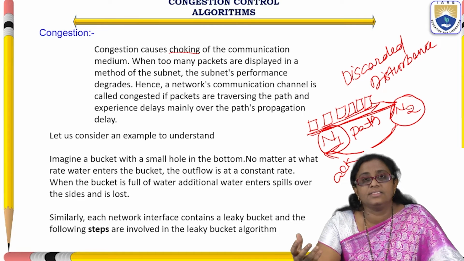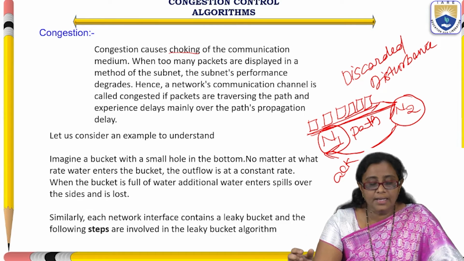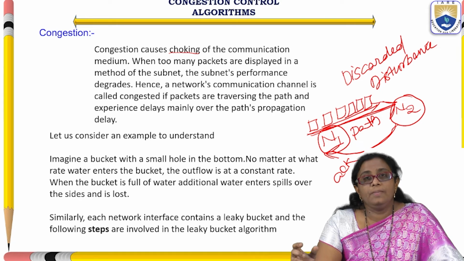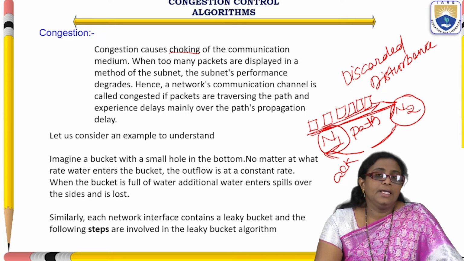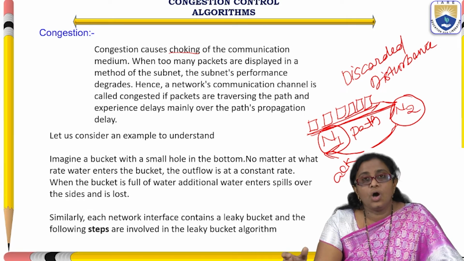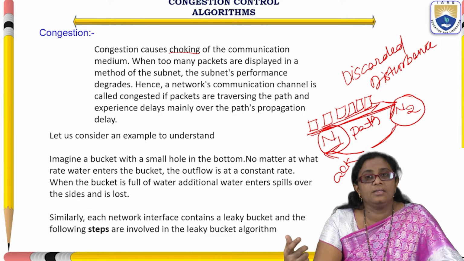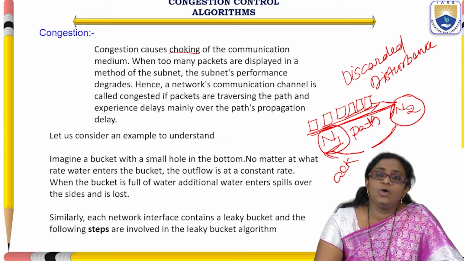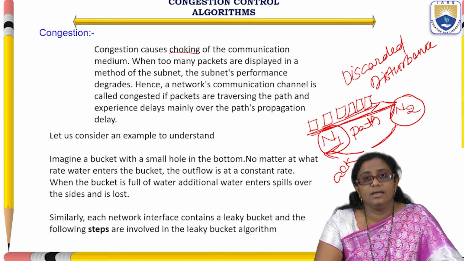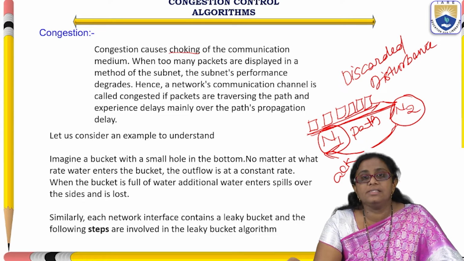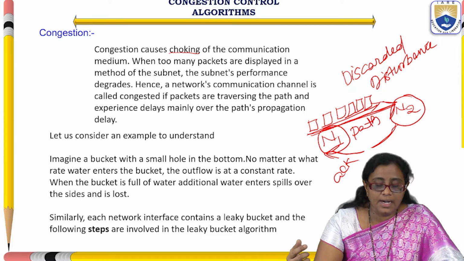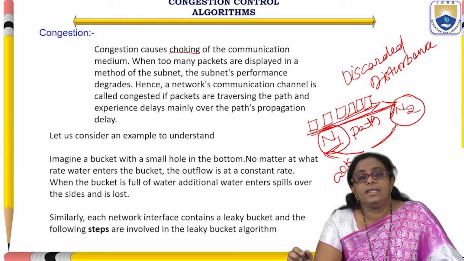No matter at what rate the water is filled, whatever the capacity of water entering the bucket, the outflow is at a constant rate. That means when the bucket is full of water, additional water entering spills over the sides and is lost.